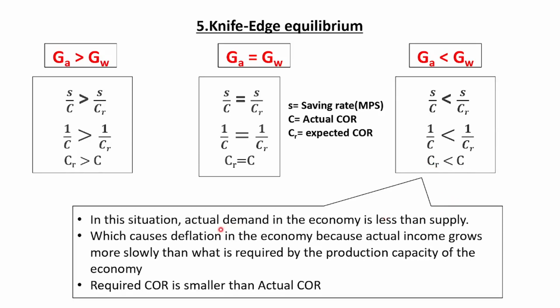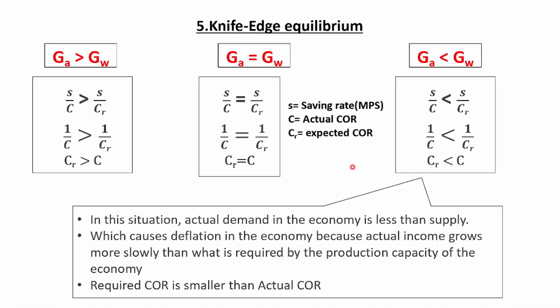In this situation actual demand in the economy is less than the supply, which causes deflation in the economy because actual income grows more slowly than what is required by the production capacity of the economy. So here required capital output ratio is smaller than actual capital output ratio.